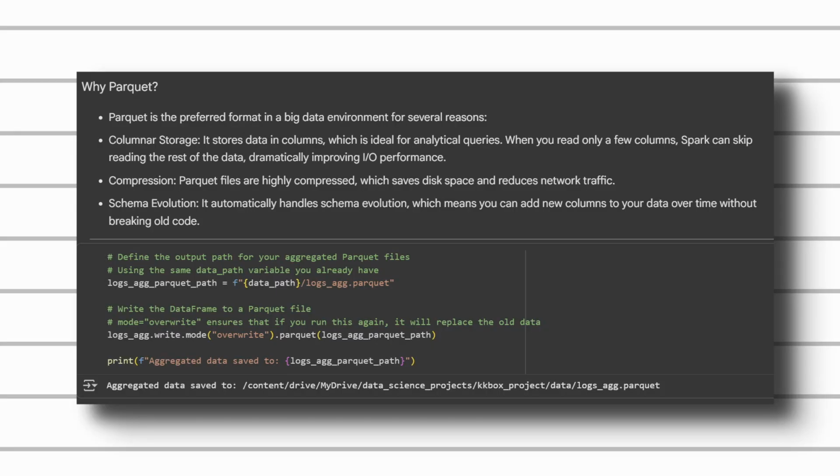Number three is store your data in columnar format. Parquet is one of the best formats to save your data when you're working in PySpark. CSVs are fine in Pandas, you just load it into the memory once, but in PySpark, CSVs are super slow. Parquet is better because it's compressed, and Spark can skip unused columns.